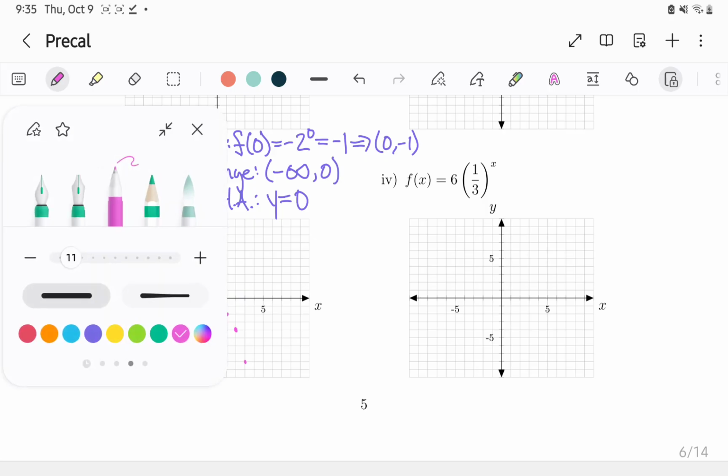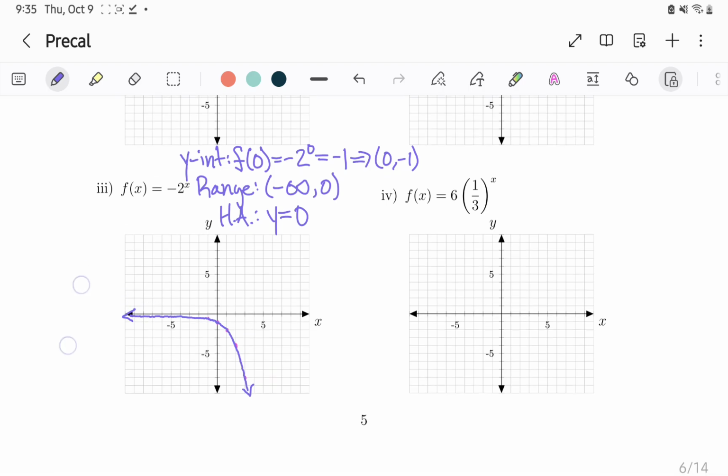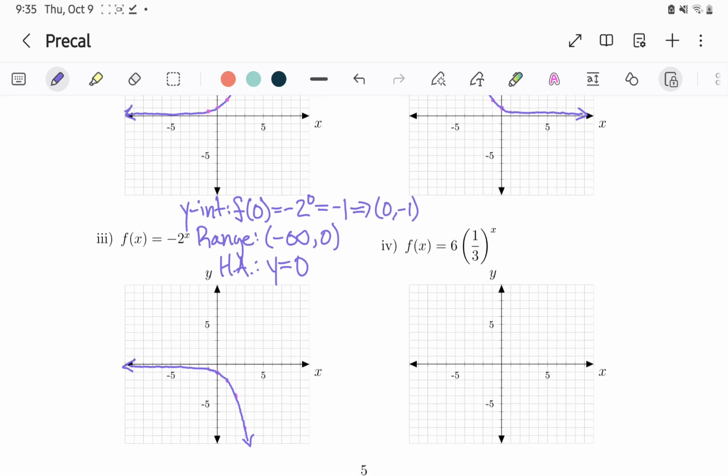Let's go ahead and connect these guys. And there is the graph for example 3.